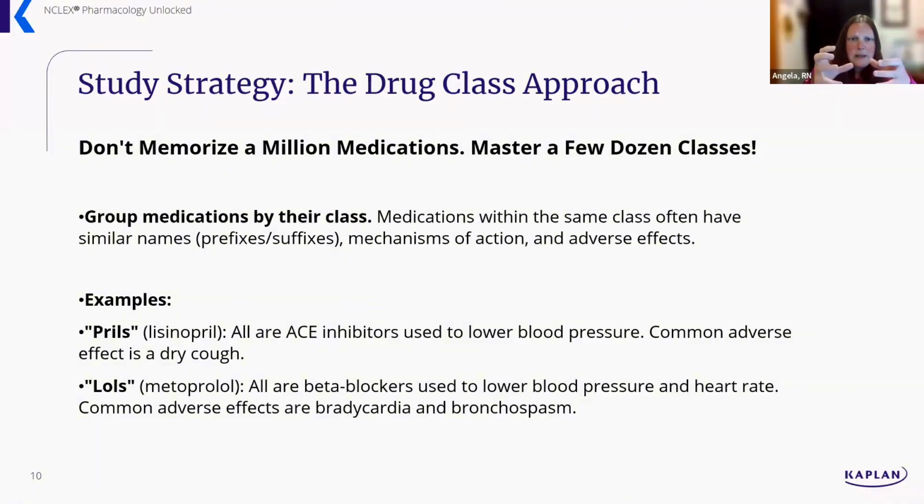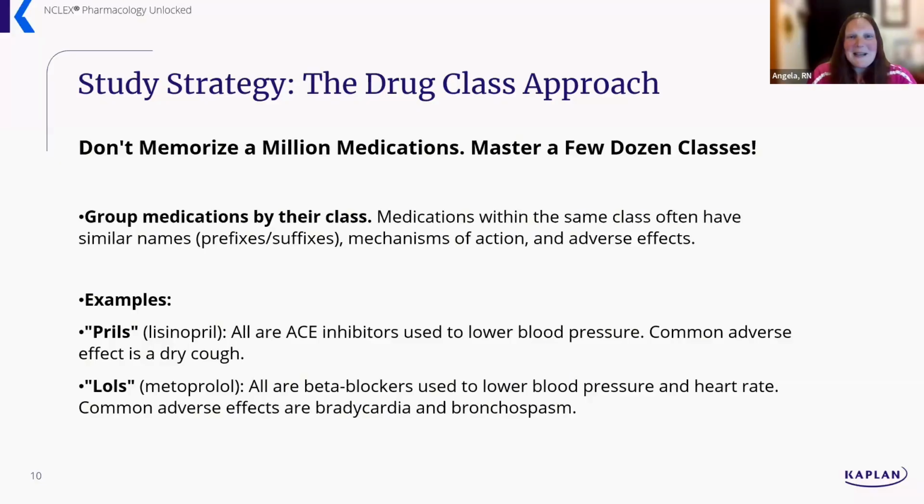I'm learning these things in chunks about ACE inhibitors. We have a catchy little phrase that we use sometimes with ACE inhibitors to help keep some of those things in mind. Give them an ace, they'll cough in your face. That helps me remember that adverse effect of dry cough. Beta blockers, LOLs, something like metoprolol is a great example.